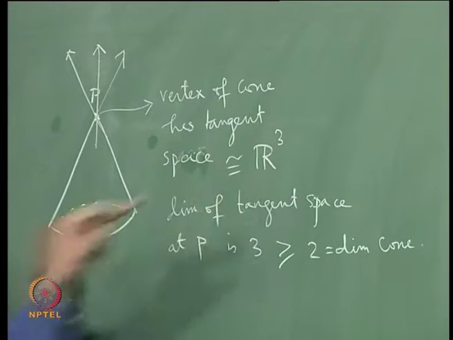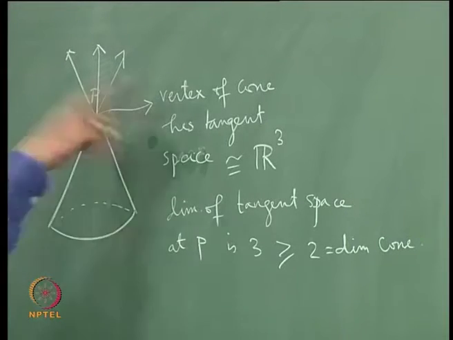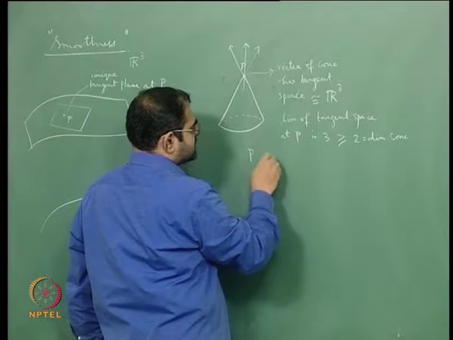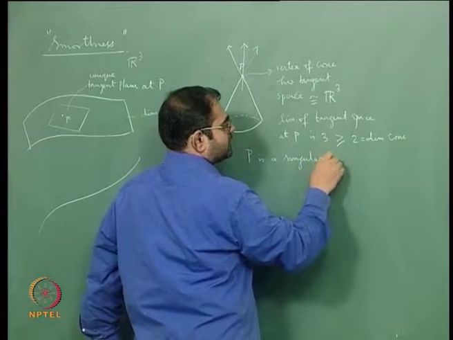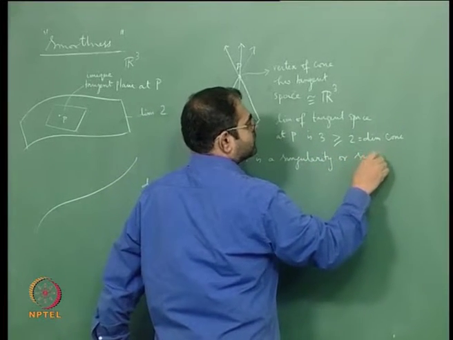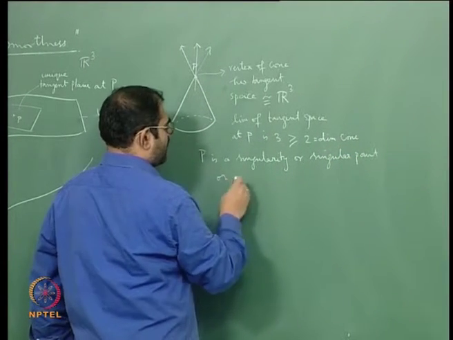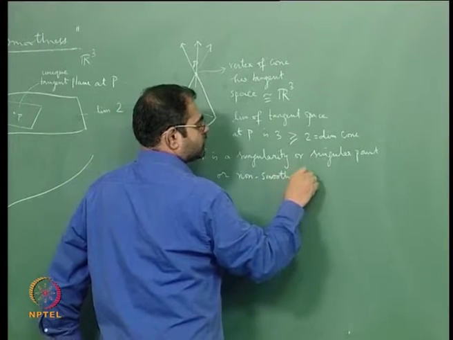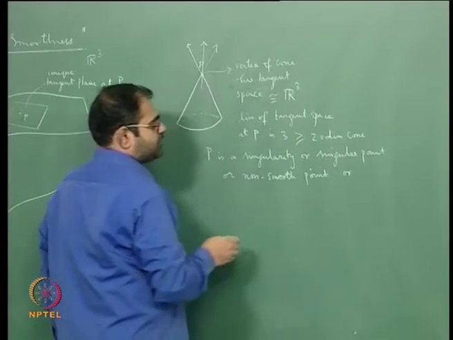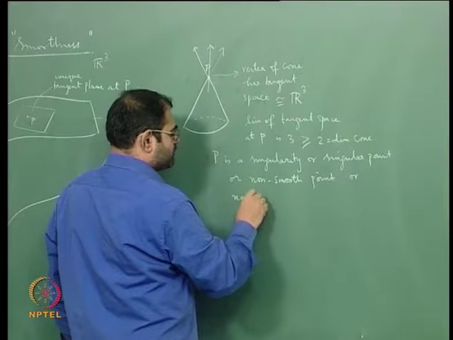The tangent space is 3 dimensional, so the tangent space dimension is more than the dimension of the cone, and so this tells you that P is a singular point. P is a singularity, or singular point, or a non-smooth point. Sometimes in the language of usual analysis, you also say it's a non-manifold point.